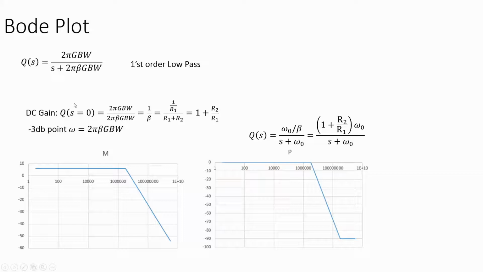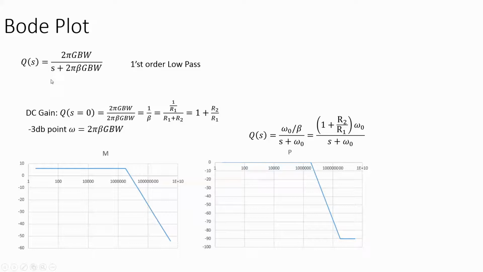Now what's the gain at DC? Set S equal to 0. We get 2 pi gain bandwidth divided by 2 pi beta gain bandwidth. We get 1 over beta. Multiply all that out and we get our non-inverting gain. And so by saying S equals 0, we're really saying that this term is a lot bigger than the frequency term.